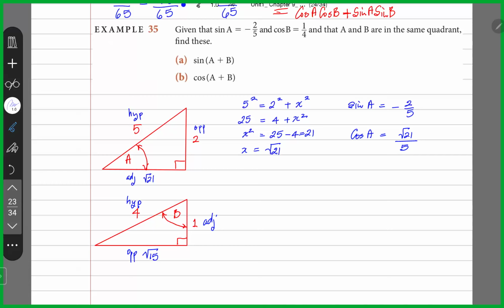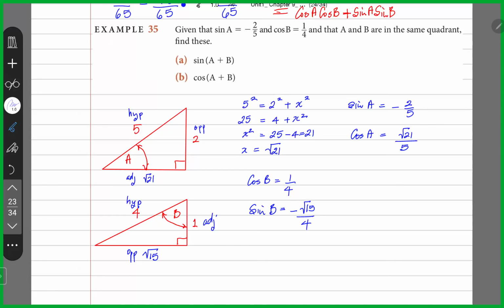So now I can say that the cosine of B is 1/4, and this is given, and that the sine of B, now since A and B are both in the fourth quadrant, sine is negative, so the sine is going to be minus root 15 over the hypotenuse, which is 4.